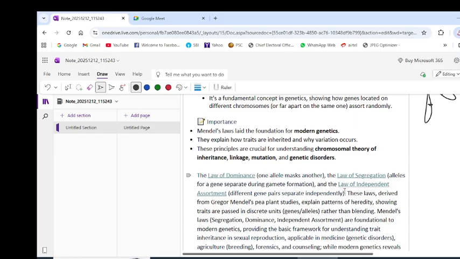And the law of segregation, law of independent assortment, and law of dominance, all these laws are very beneficial to create new breeds. It is very useful in the field of agriculture. It is useful in the field of cancer biology, recombinant DNA technology, cloning, and genetic mutation, and also gene knocking.